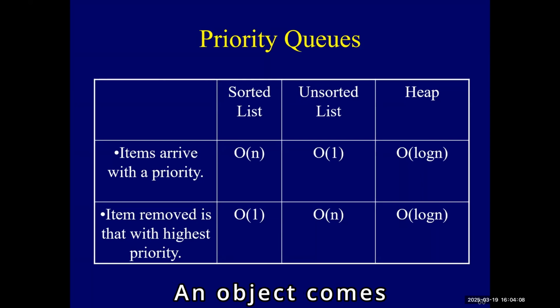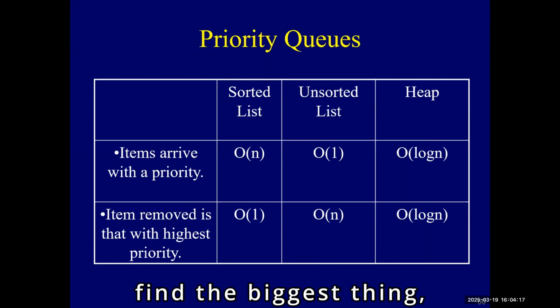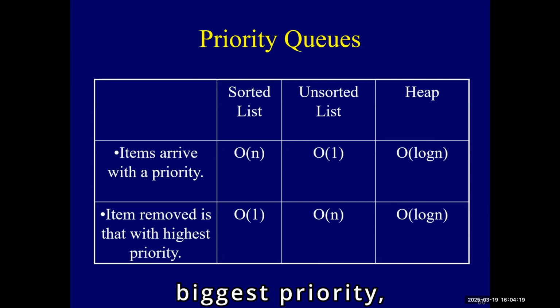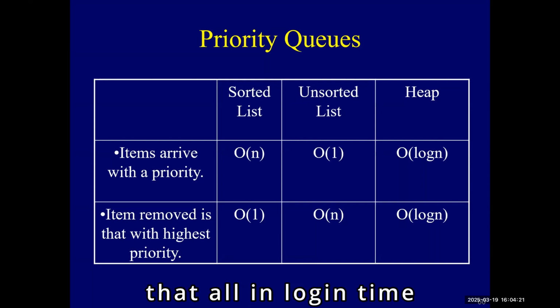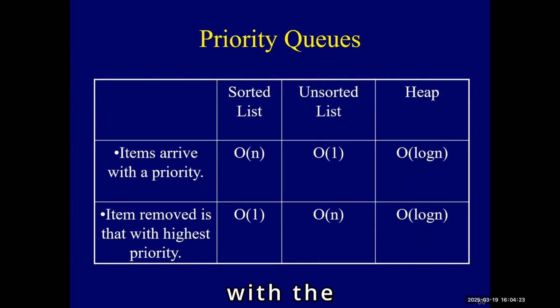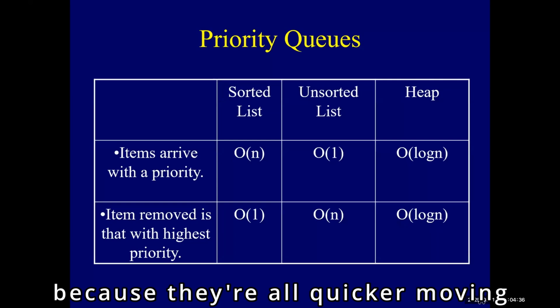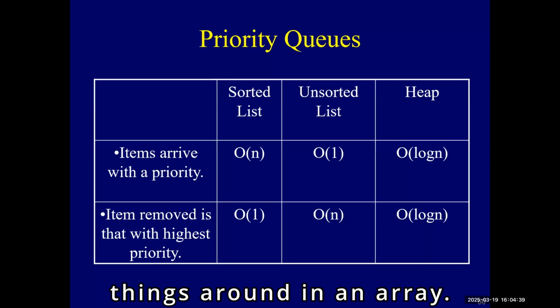An object comes with a priority, you insert it into the tree according to its priority, right? And then you want to delete the thing with the biggest priority, right? So you could do that all in log n time with the binary search tree, right? But heaps are all in an array, and they're still log n, and I guess they're faster because moving things around in an array is quicker.